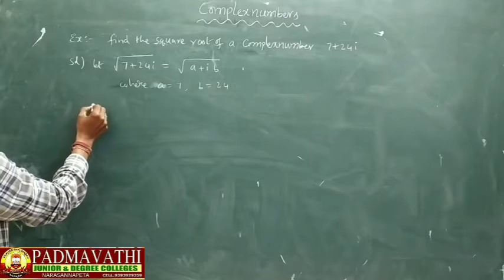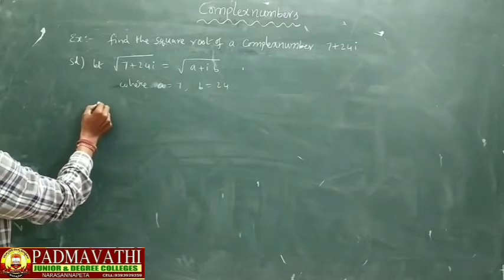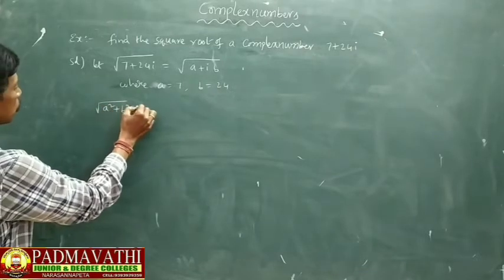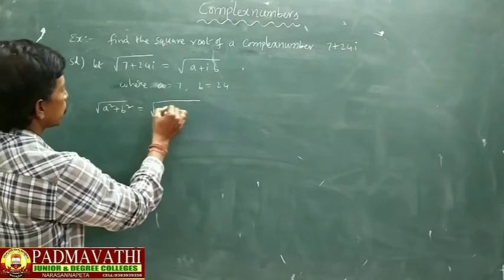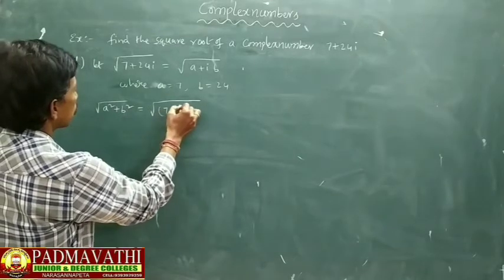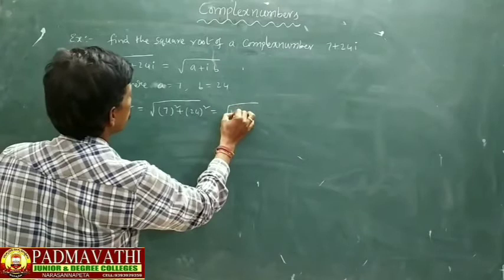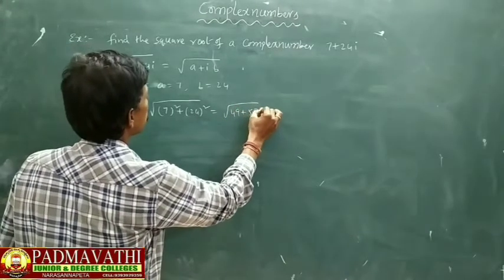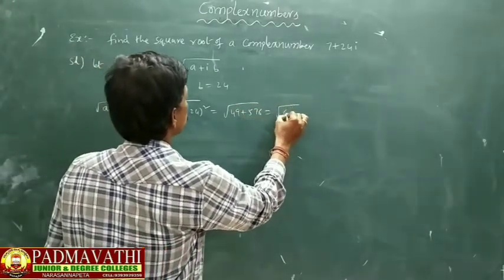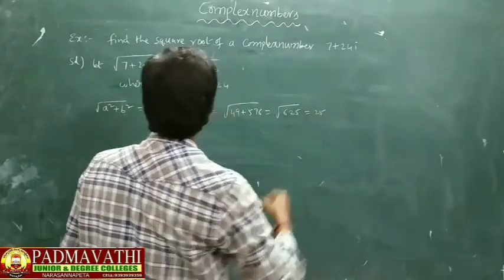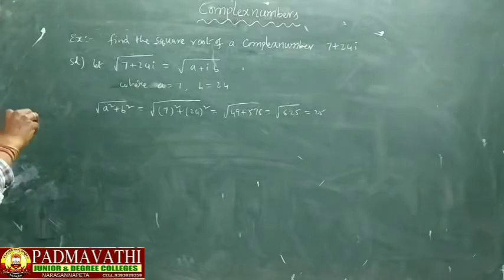Now we find root a square plus b square. 7 square is 49, 24 square is 576, 49 plus 576 is 625. The root is 25.